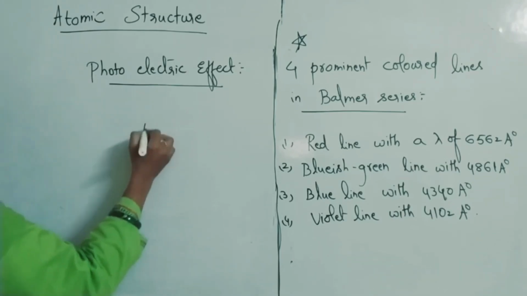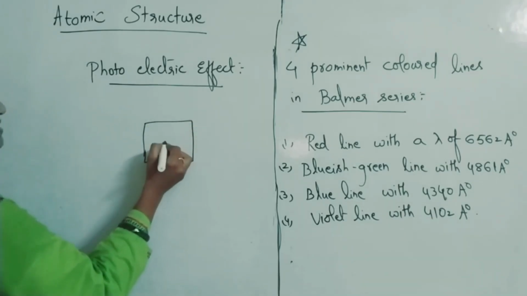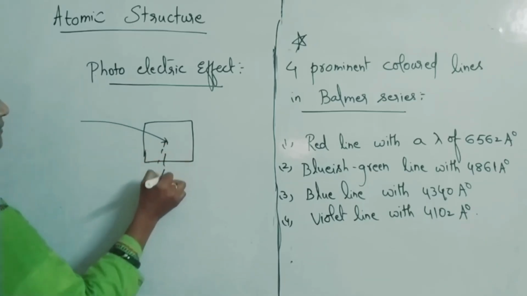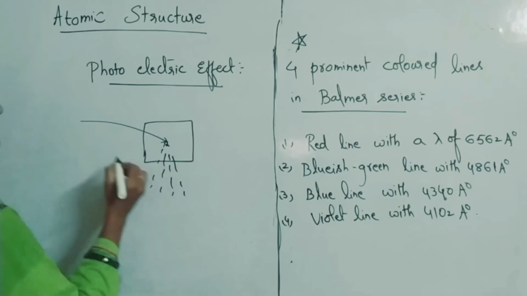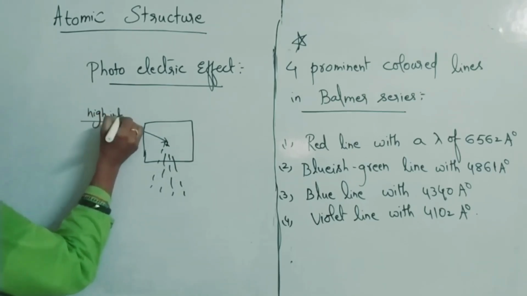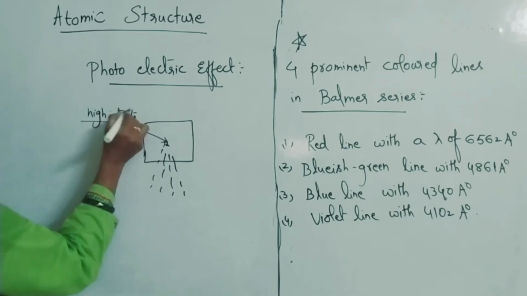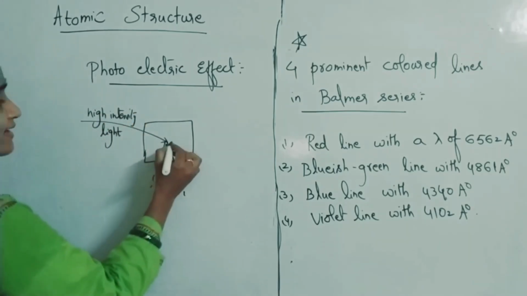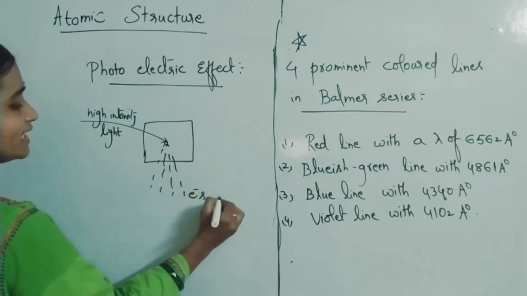When high intensity light is made to pass through a metal plate, electrons are emitted.